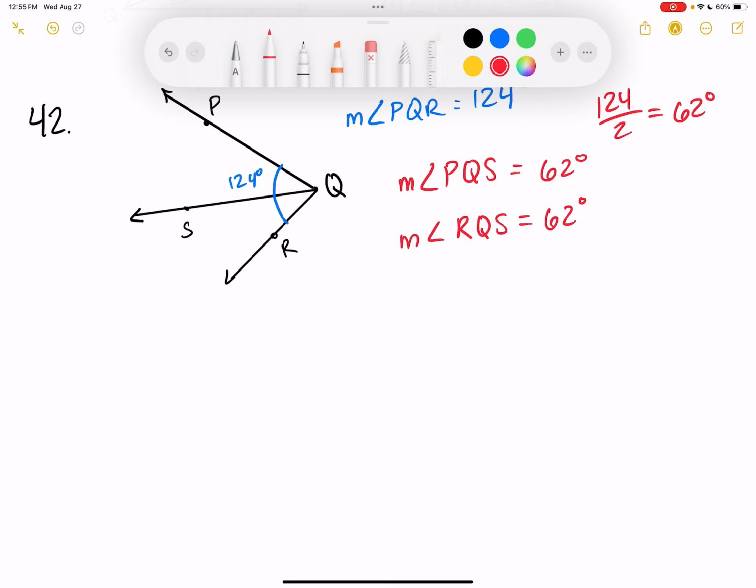We have a new set of figures, but kind of a similar setup to this. Ray BD bisects angle ABC. Find the value of x. So 45, we have this angle, and we have a bisector.